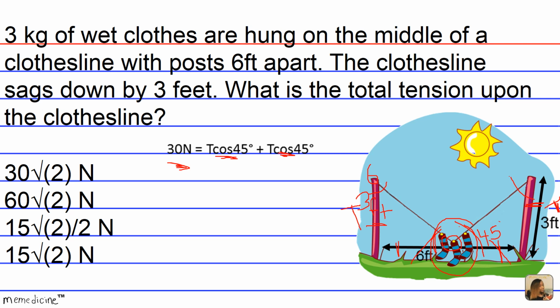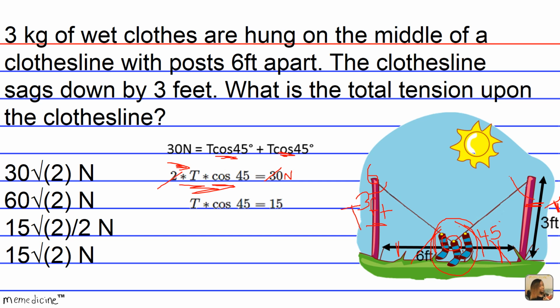It doesn't matter because the sine of 45 degrees and the cosine of 45 degrees are sort of the same thing because we have an isosceles right triangle, okay? So this simplifies to 2T cosine of 45 degrees equals 30 newtons.